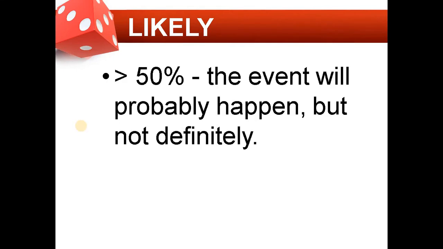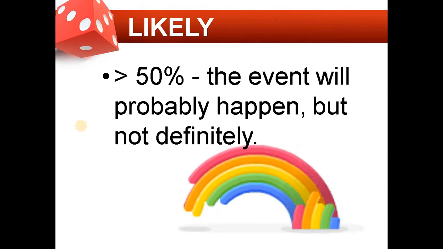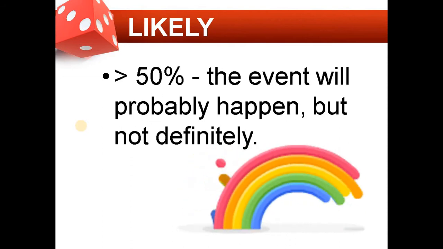Next, the next one is likely. So what is likely? Likely means more than 50%, the event will probably happen, but not very sure. Let's say, for example, this is a rainbow.